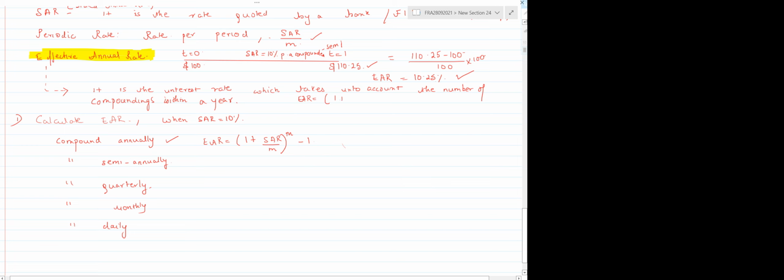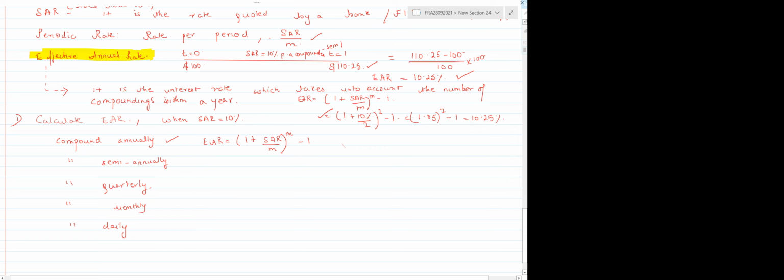So my SAR was 10%, and my interest was compounded semi-annually. So 10 by 2, to the power 2, minus 1. Please calculate this. Basically, 10 by 2 is 0.05, 1.05 to the power 2 minus 1. You will get 10.25%, right?